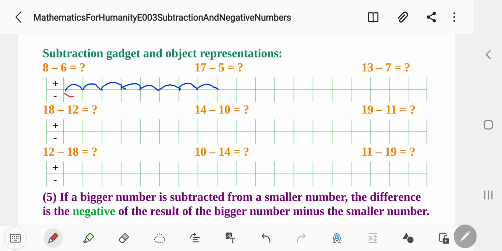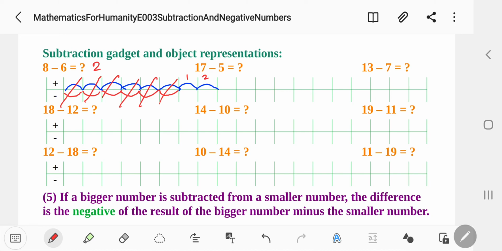You have 1, 2, 3, 4, 5, 6. This means that you have to cancel. The first wave is cancelled. The second wave is cancelled. The third wave, the fourth, the fifth, and the sixth wave is cancelled. And so you're left with 2 waves above. This means that this is 1, 2. So 8 minus 6 is equal to 2.